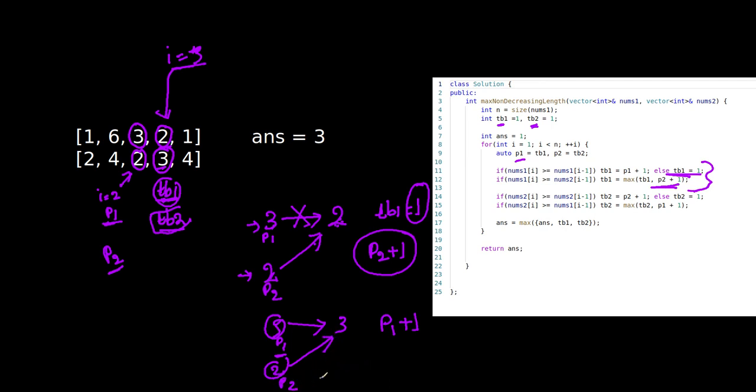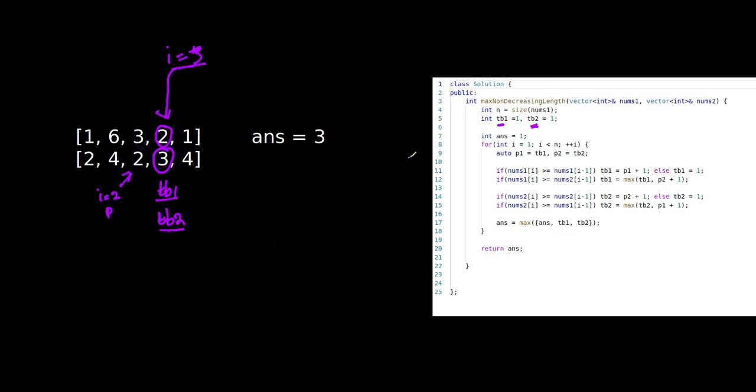The value here is p2 plus 1. So the maximum of these two values, p1 plus 1 and p2 plus 1, will be assigned to tb2, and the answer at this index will be the maximum of these two values, tb1 and tb2, and if it's greater than the answer, we assign it to the answer.